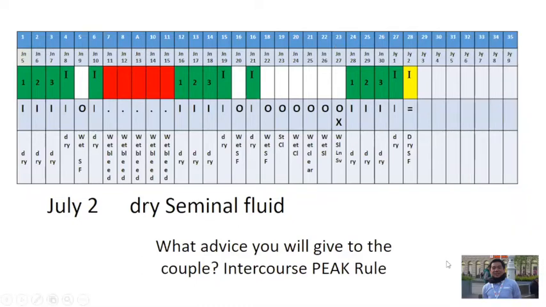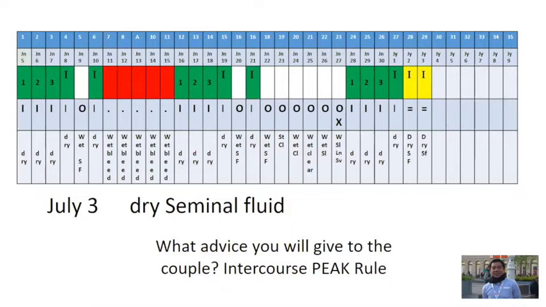July 2, there is again an intercourse because intercourse is available every day, anytime. If there is intercourse on July 2, automatically on July 3 the seminal fluid will be visible, but the sensation is dry. What symbol? Equal or yellow color. But again, July 3, there is an intercourse.